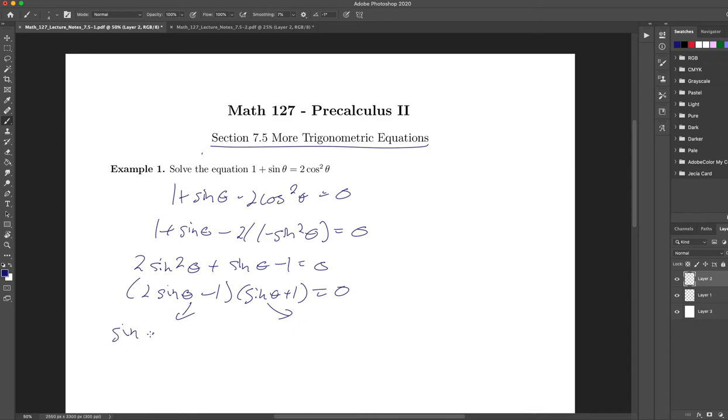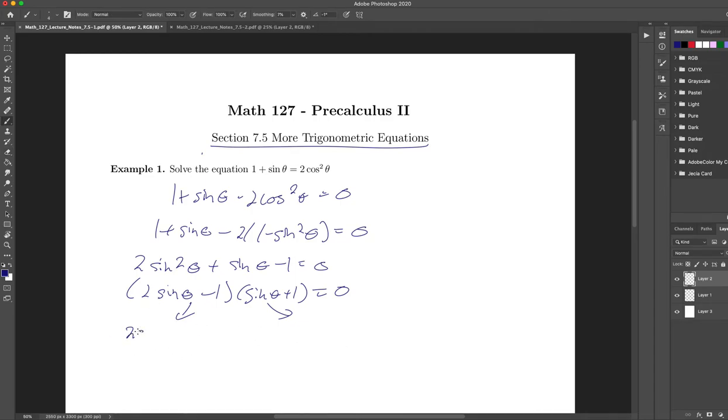So here I have sine of theta equals a half, and then sine of theta equals minus 1. Or I guess I skipped the step where I moved this over and divided. Let me not skip that step.